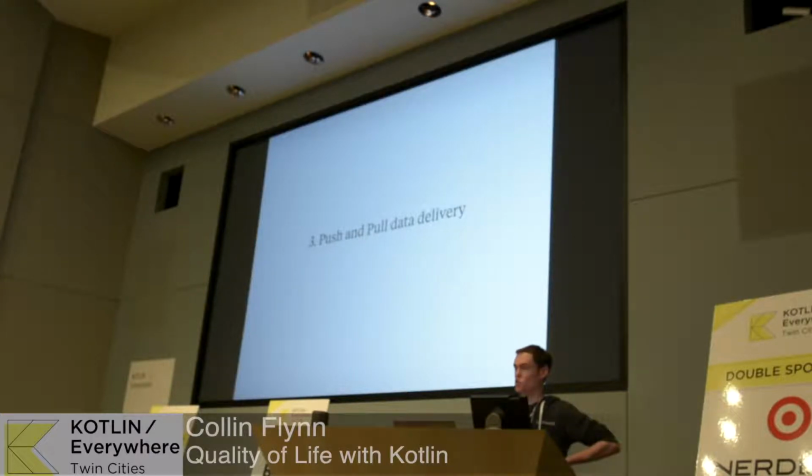This is something that you could write in Java, but it's such a pain you probably don't want to. So I'm going to just take us through a hypothetical example of an app that would highly benefit from this push and pull data delivery. And I'll describe that now. This might seem a little bit abstract, but I think we'll see the example come together.